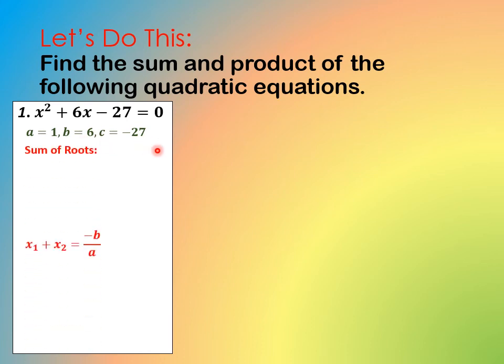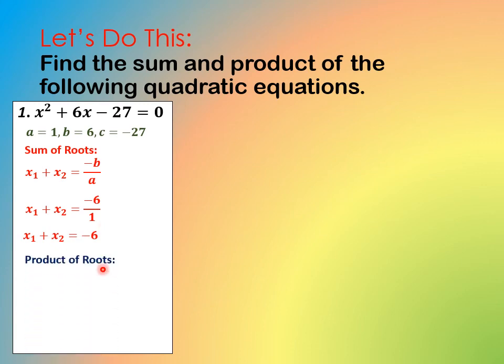For the sum of roots, we have negative B over A. So, what will we do? Just substitute. B is 6, so we have negative 6 over A, which is 1. Negative 6 divided by 1. The sum of roots of x squared plus 6x minus 27 is equal to 0 is negative 6.